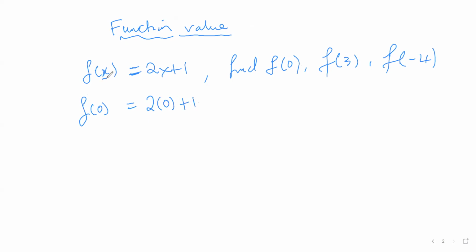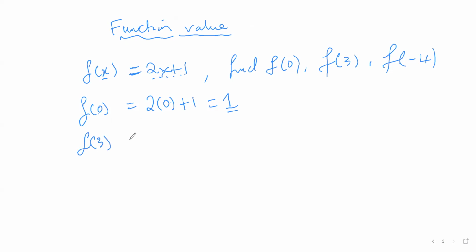So f of anything simply means replace x in your expression by that thing. So f of 0 is just replacing x with 0 and simplifying. So it will be 2 times 0, which is 0, plus 1, which is 1. So the function value at x equals 0 is 1.